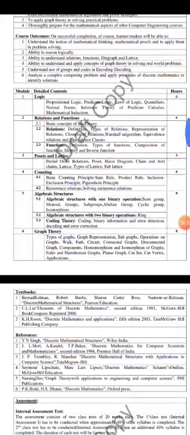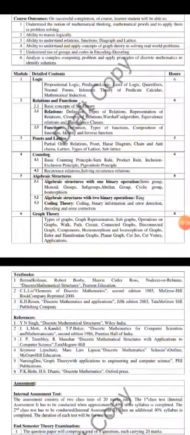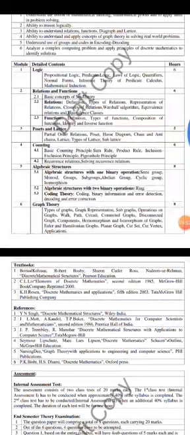As far as textbooks are concerned, the first textbook mentioned is Discrete Mathematical Structure by Pearson Education. I can recommend this book for understanding the concepts from this particular chapter. The second and third books are Element of Discrete Mathematics by CLU, and Discrete Mathematics and Application by Tata McGraw-Hill.